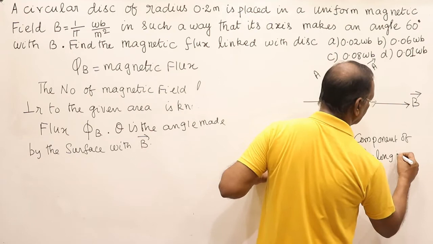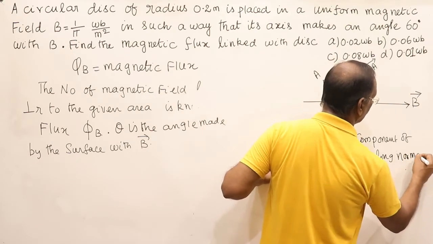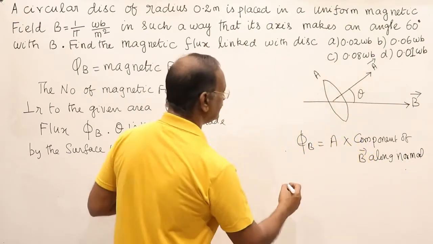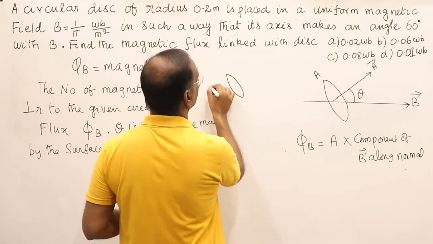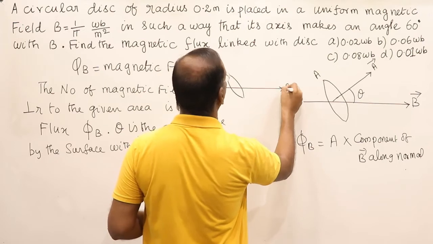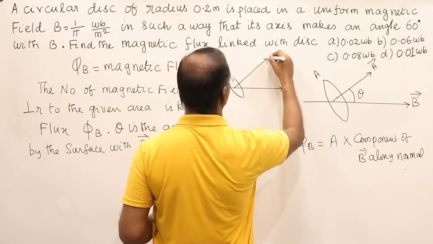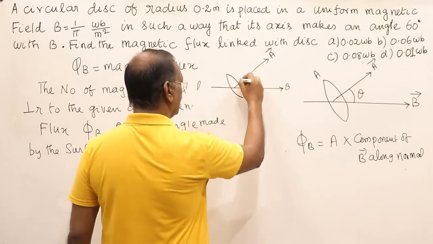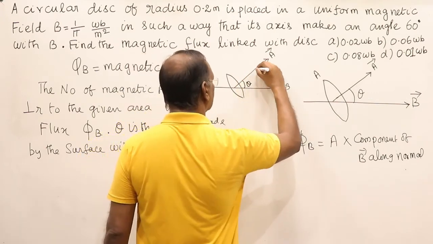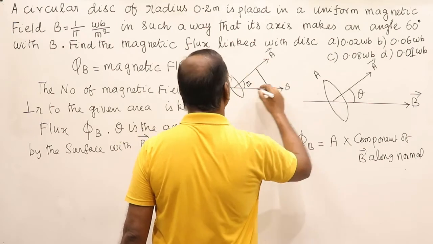Here this is the area, the magnetic field is flowing this way, and this is the normal, the A vector, making an angle theta. Now drop the perpendicular.